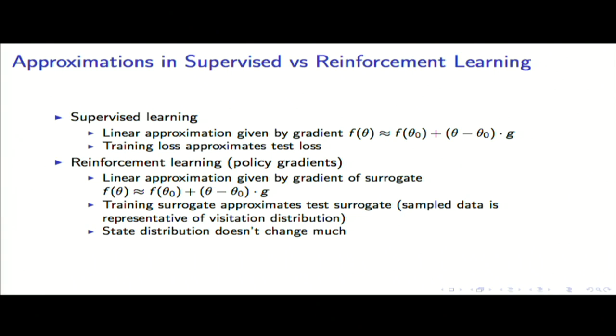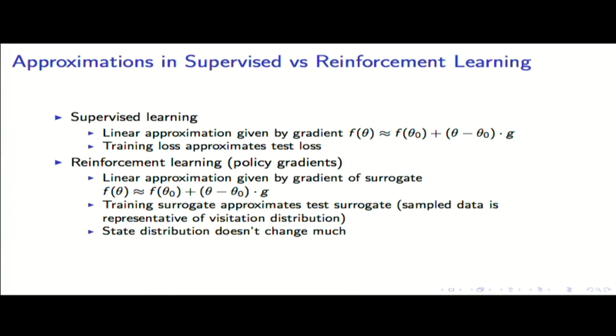The first approximation is that you're doing gradient descent. So you're assuming that the linear approximation to your function, which is given by the gradient, is a decent approximation over the region that contains your update. You're using that linear approximation to compute an update.